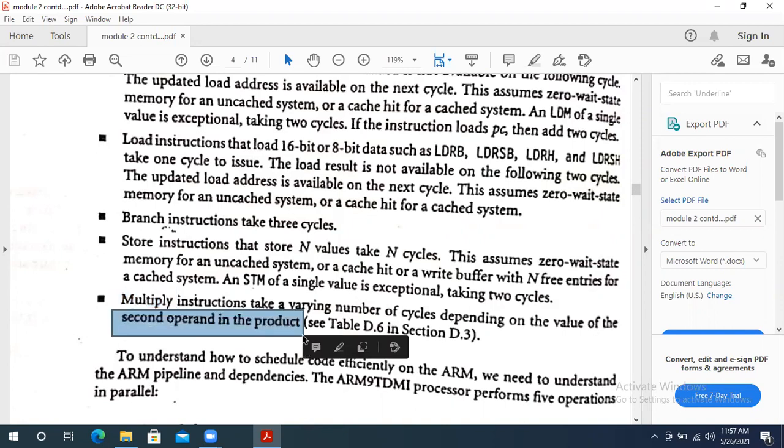So always while using the multiply instructions, the cycles are fixed depending on the second operand here. Second operand means, for example, if you're using multiply equal to a into b, then depending upon the b value, we have to decide how many cycles it needs here. That is called the second operand here.